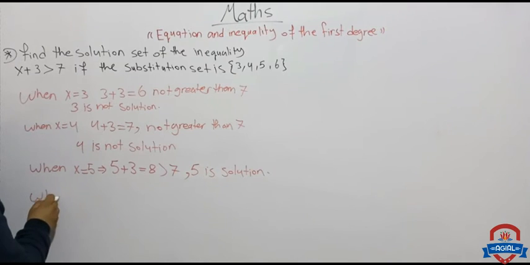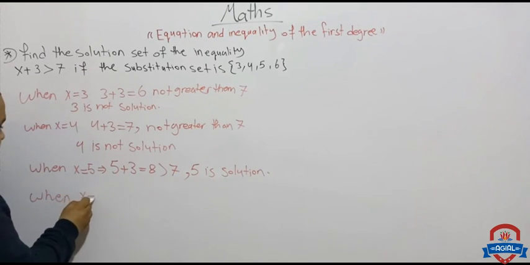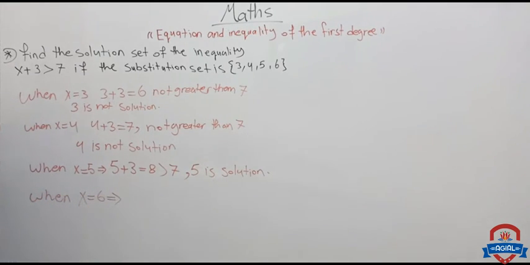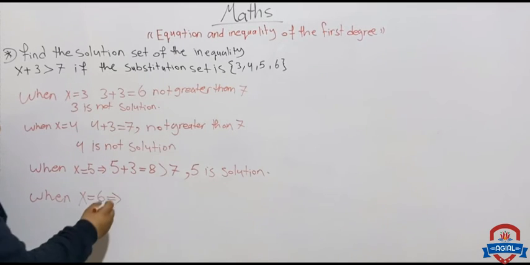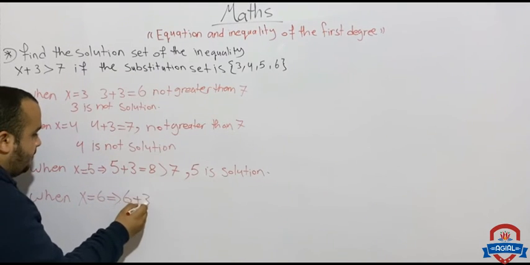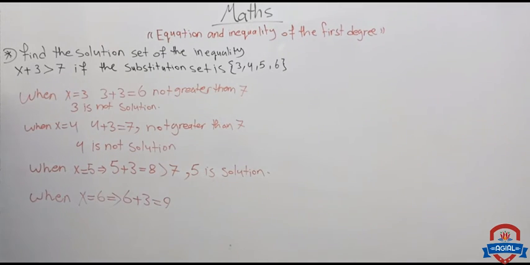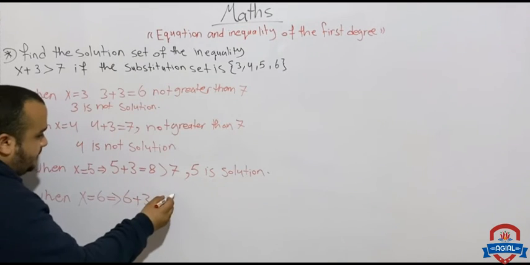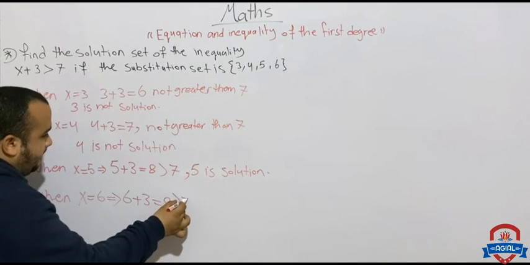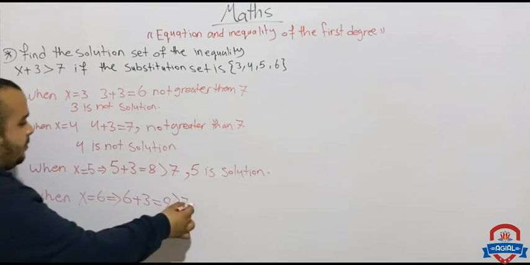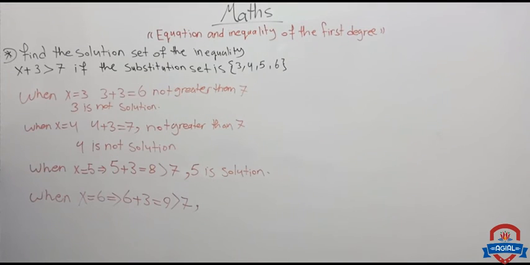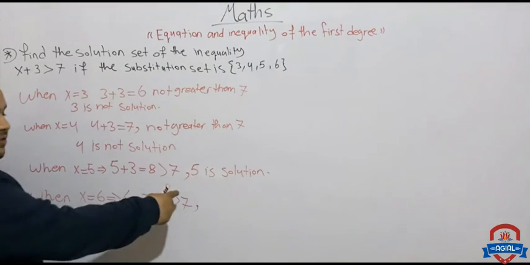When x equals 6, the left hand side equals 6 plus 3, and 6 plus 3 equals 9. So the left hand side is greater than the right hand side. So the number 6 is a solution of this inequality.